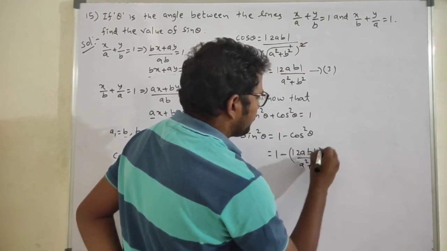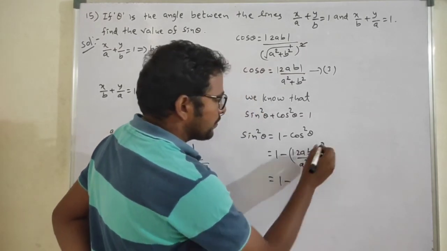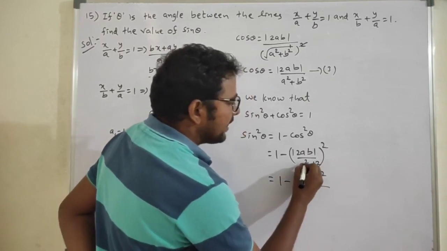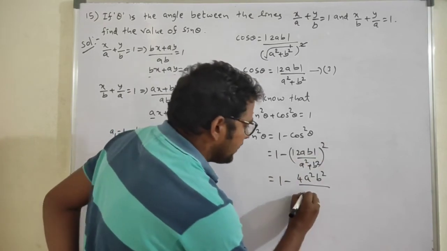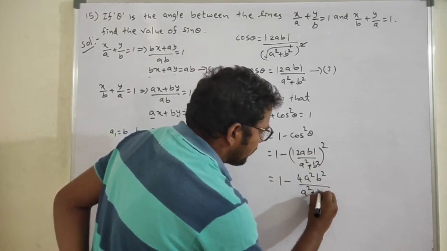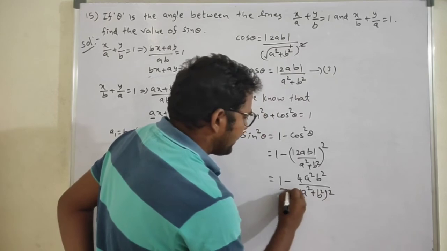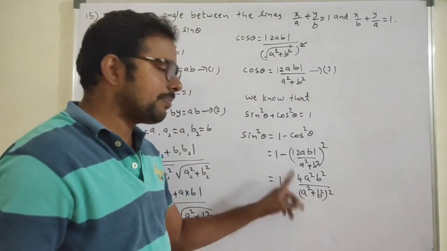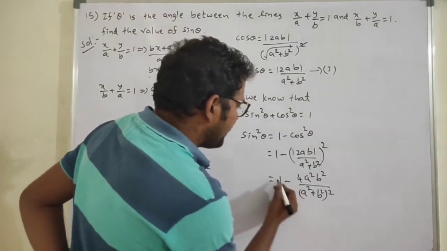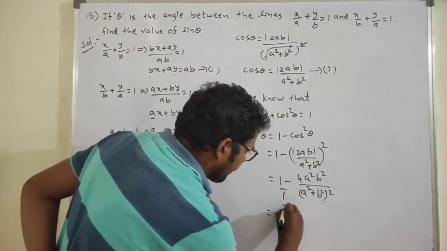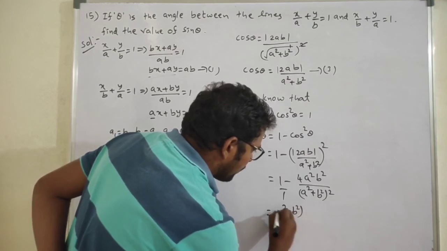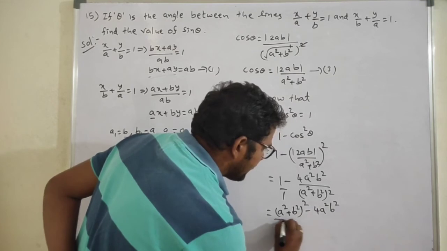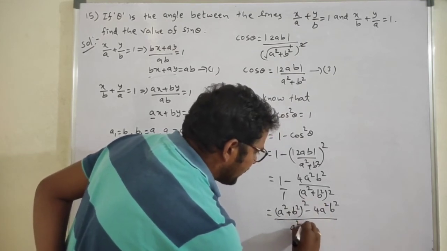So 1 minus 4a square b square by the denominator (a square plus b square) whole square. Now take the LCM. The LCM of 1 and (a square plus b square) whole square is (a square plus b square) whole square only. So multiply with 1: (a square plus b square) whole square minus 4a square b square, by (a square plus b square) whole square.